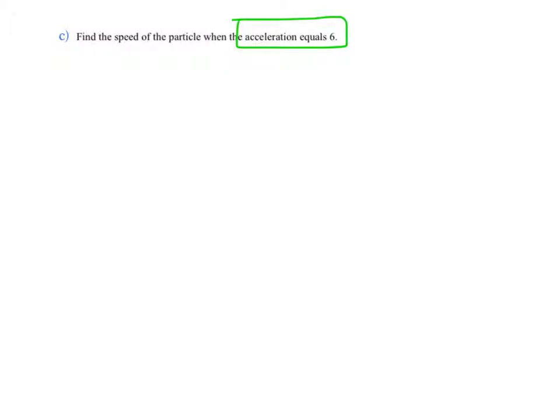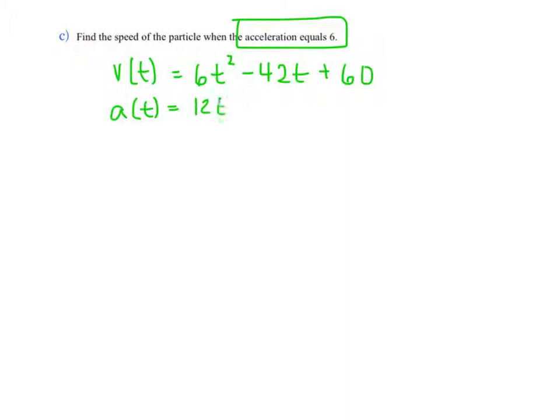In order to do that, I need the acceleration function. So I'm going to grab that velocity function that I had the last couple parts, and take the derivative of that to get the acceleration function. So there's my velocity function. The derivative of that gives me my acceleration function, so 12t minus 42.